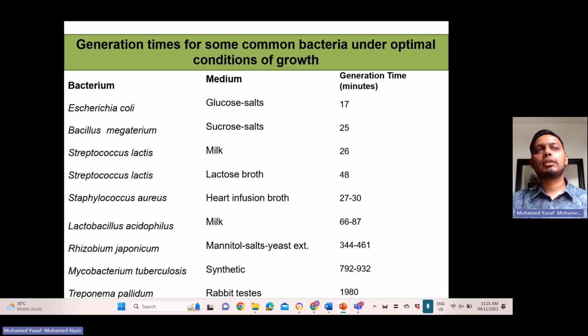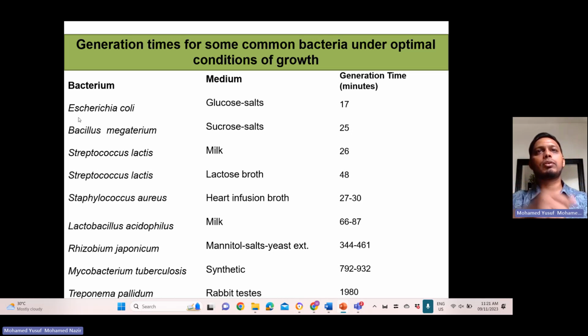In some cases the food poisoning symptom that appears may take longer and some may take shorter. This mostly reflects the generation time required for each bacterium to grow.